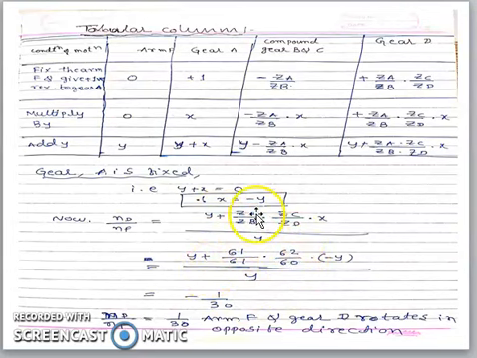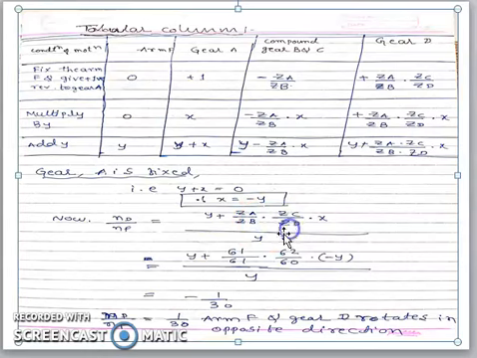Keep Y as it is, ZA, ZB, ZC, ZD, and as already calculated, X is minus Y. Take the column and do the cross multiplication with division and multiplication, and you will get minus 1 by 30. So therefore the speed ratio ND by NF is equal to minus 1 by 30.